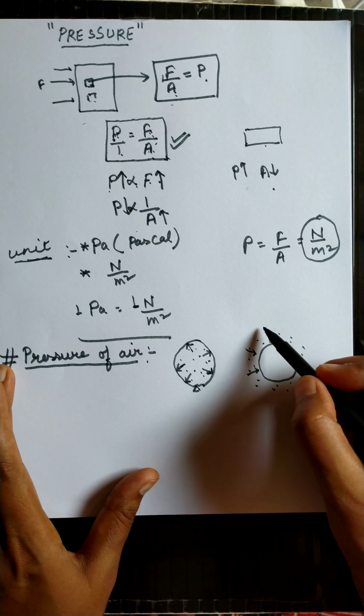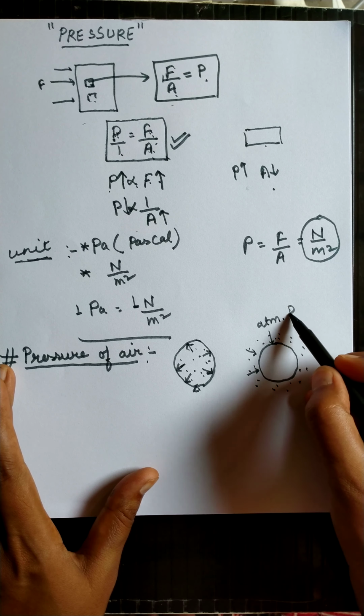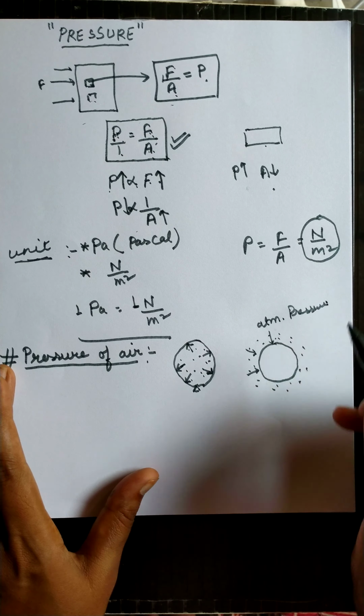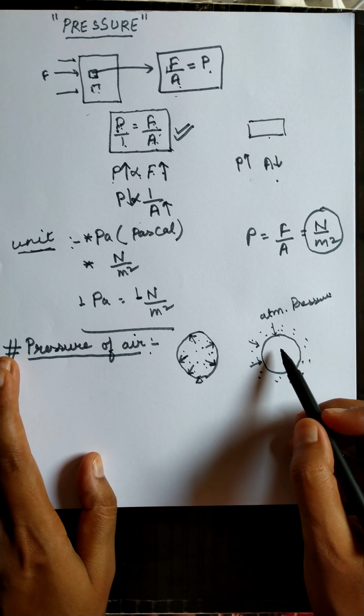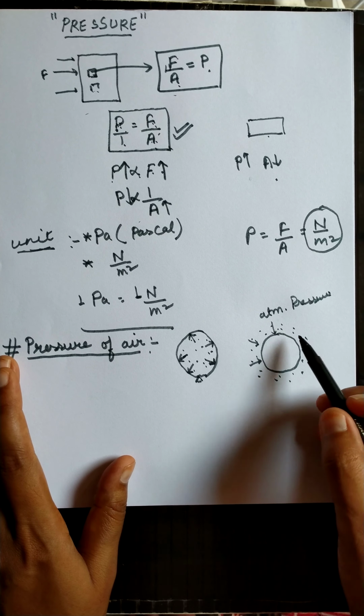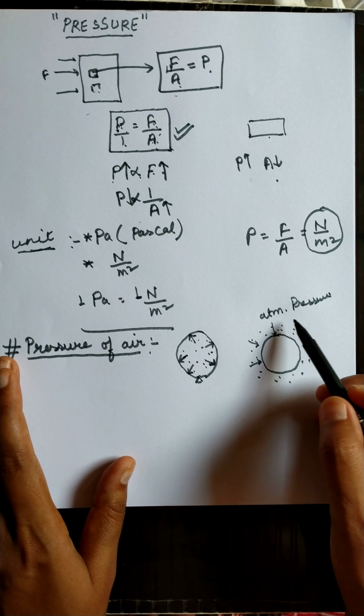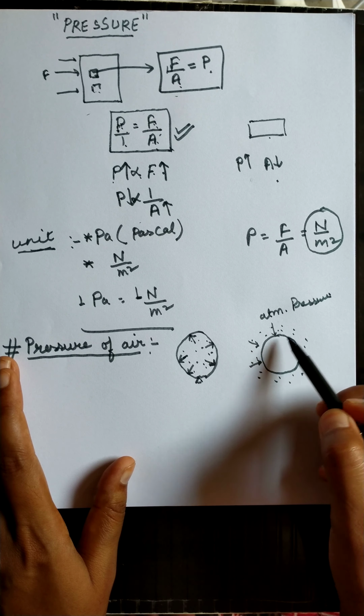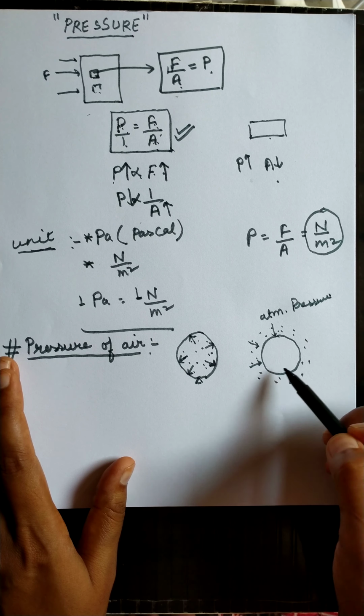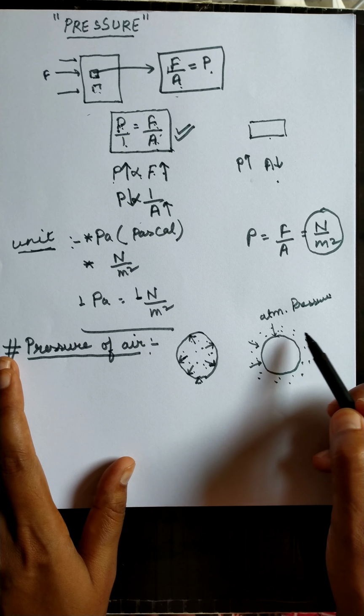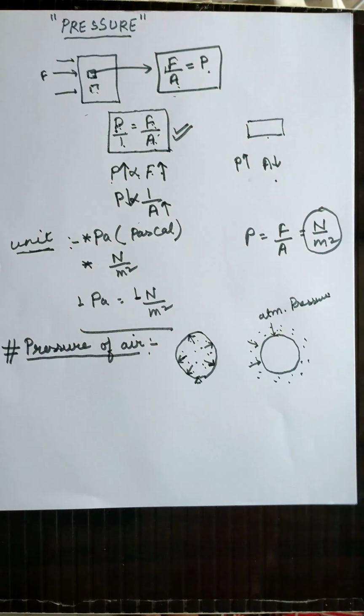This pressure is called atmospheric pressure. The pressure applied by the atmospheric gases on the earth as well as on different objects on earth, like human beings, is called atmospheric pressure.